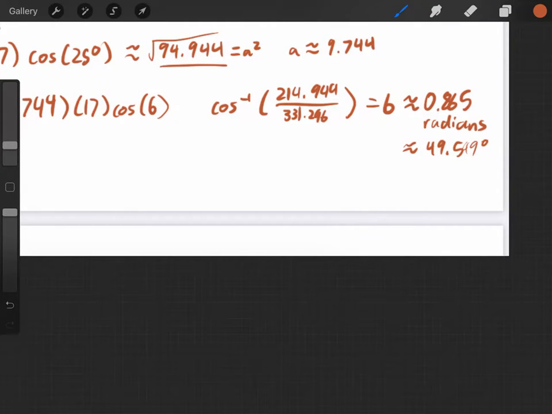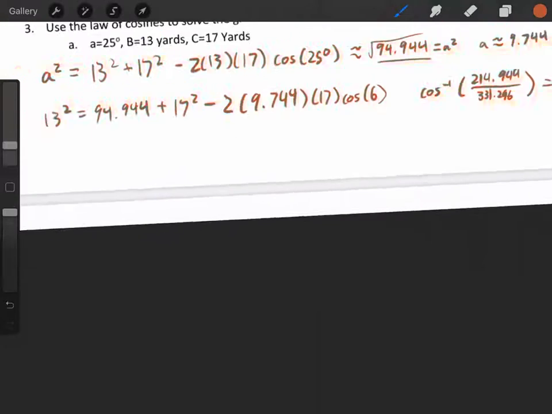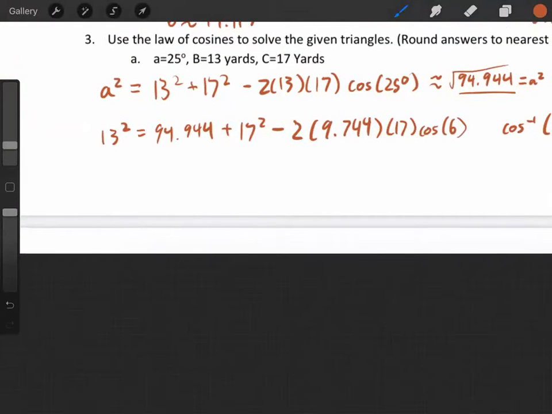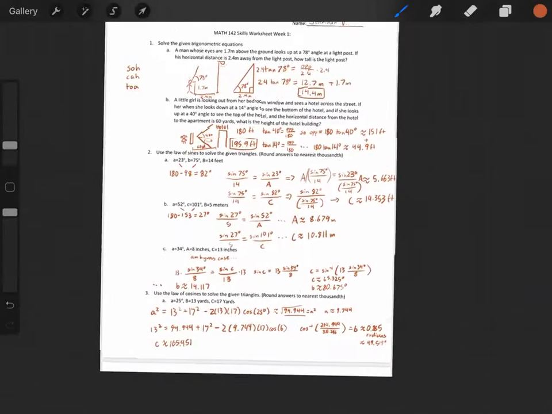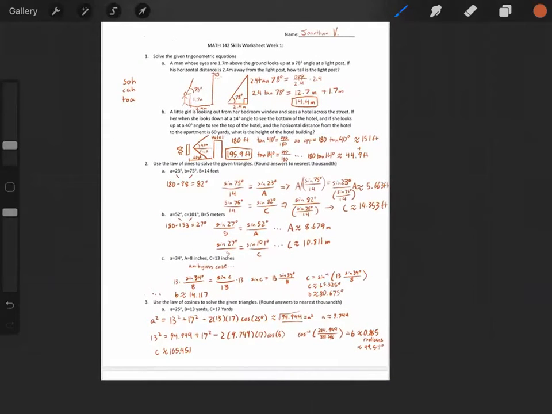Okay, and now that we have two angles, we can solve for that last angle by subtracting these two angles from 180, which will give us the last remaining angle, C, which is approximately 105.451.